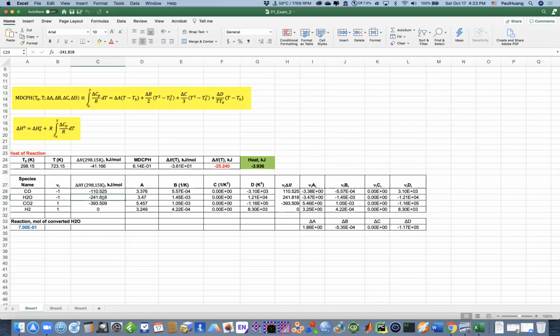And apparently here we need to use the water vapor instead of the liquid water.